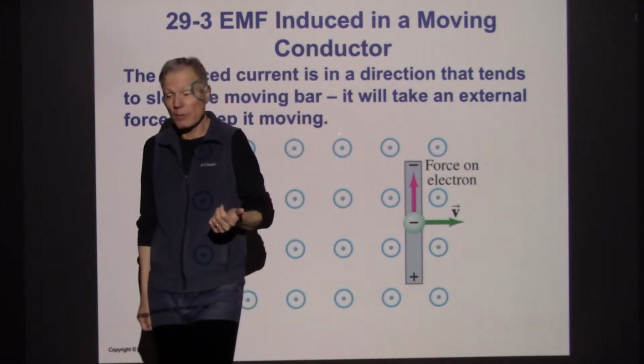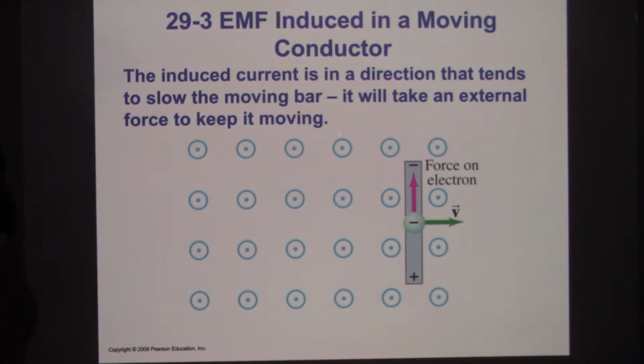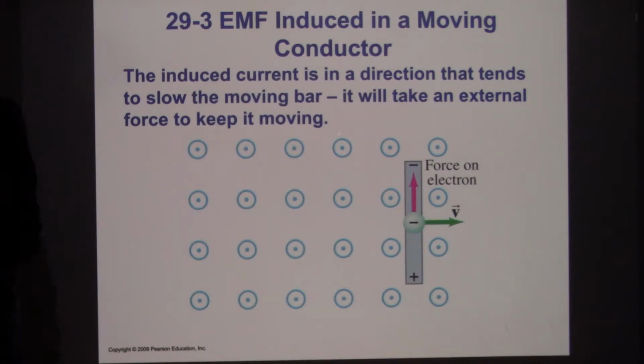So in the examples we've been looking at, it's a magnetic force that we're using. We can use magnetic forces or electric forces to induce current, and we're going to see examples of both. That's basically the same picture as before, except they've flipped the magnetic field the opposite direction.